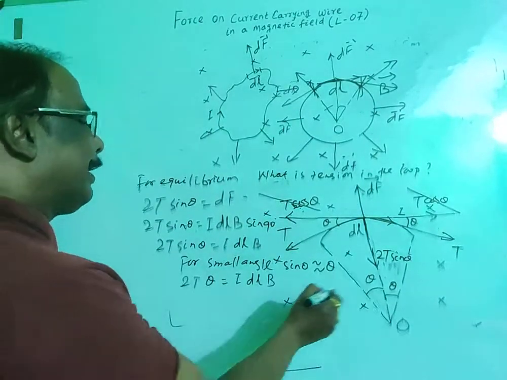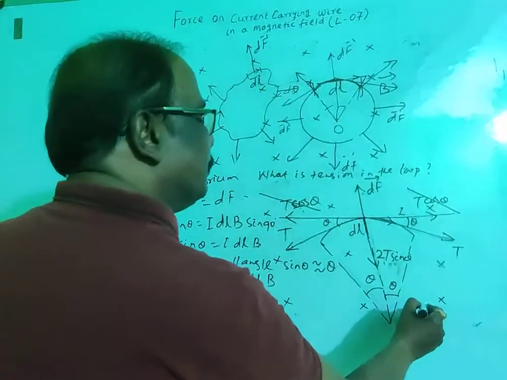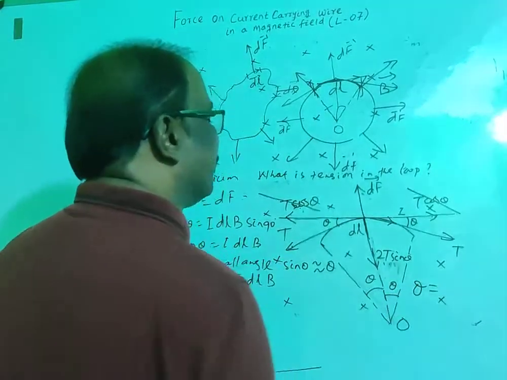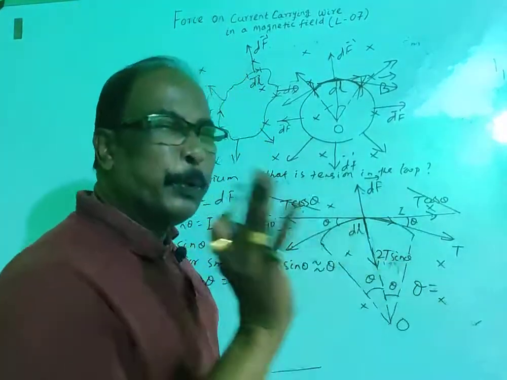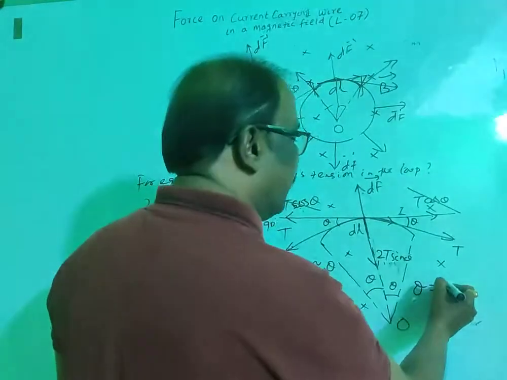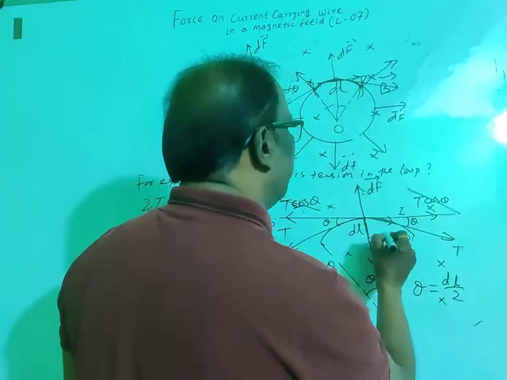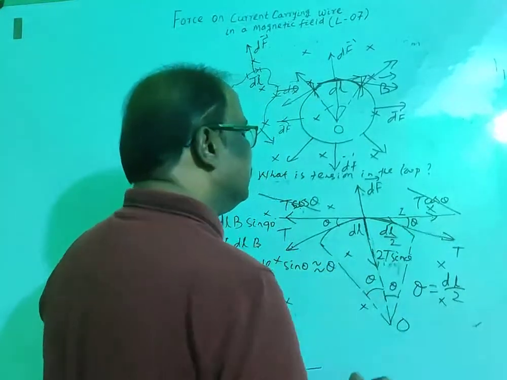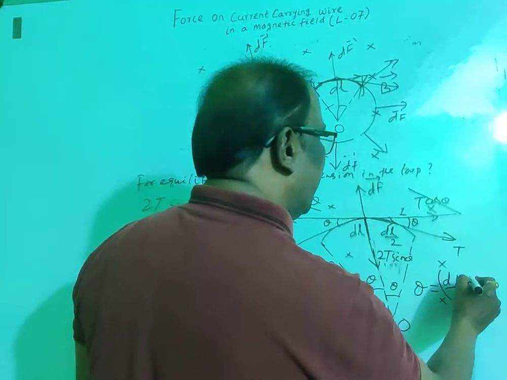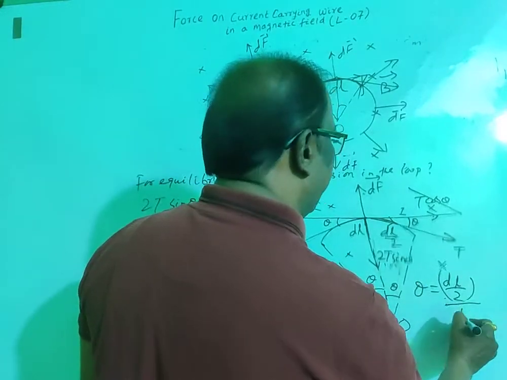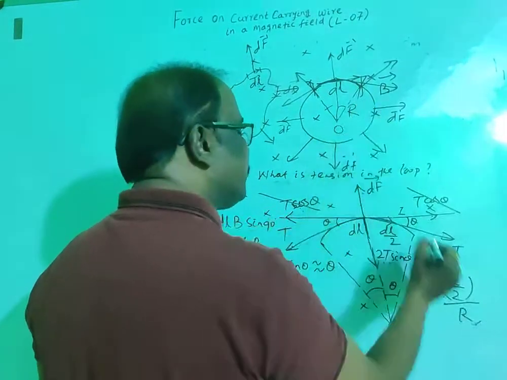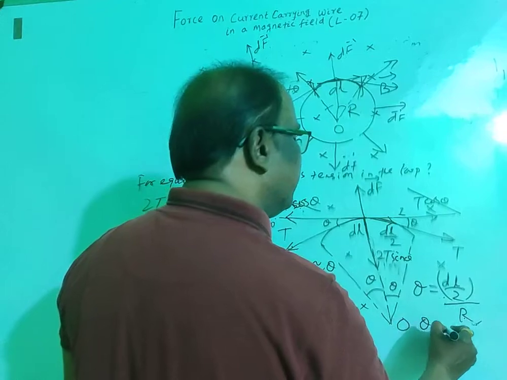Fine. Then what is theta? The angle is too small, so you may take theta as dl by 2 divided by the radius of the circle, let's take r.